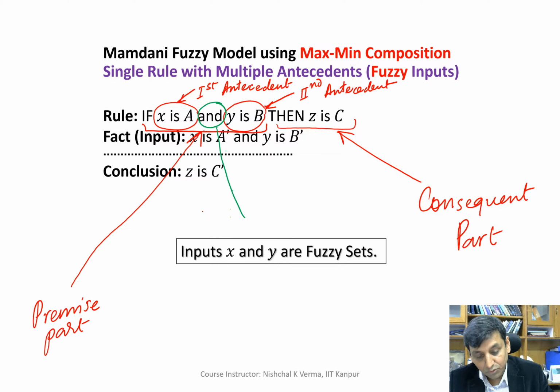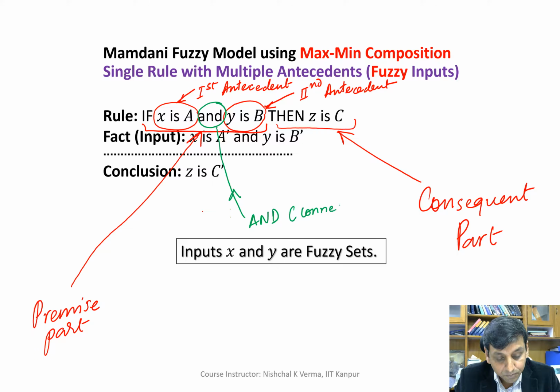These two antecedents are connected by AND. AND is nothing but a connective. This could be OR as well.